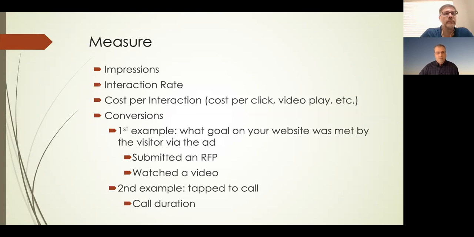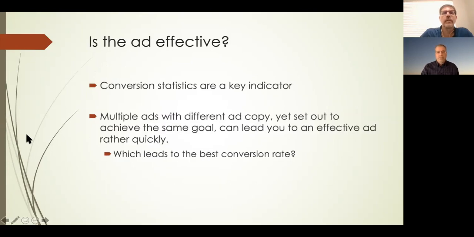So if someone calls, listens to a voice attendant, and hangs up in 30 seconds, you may not want to count that as a conversion. But if someone's on the phone with you for 5 minutes, you may want to see that show up as an ad conversion, a goal achieved in your statistics. So, different ways to measure the results of digital campaigns.